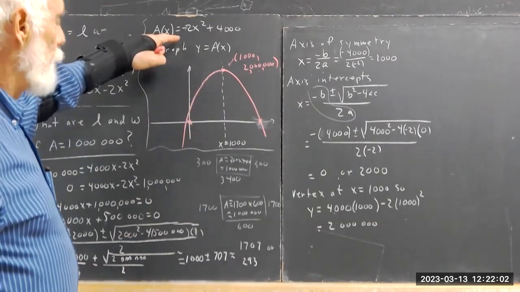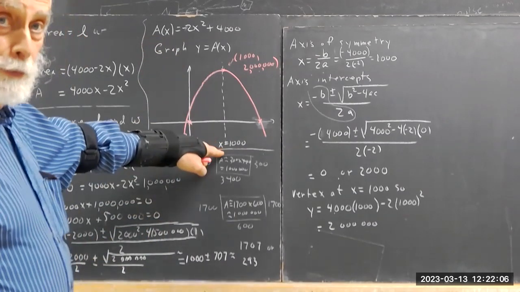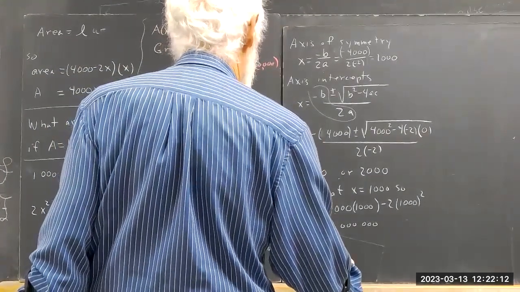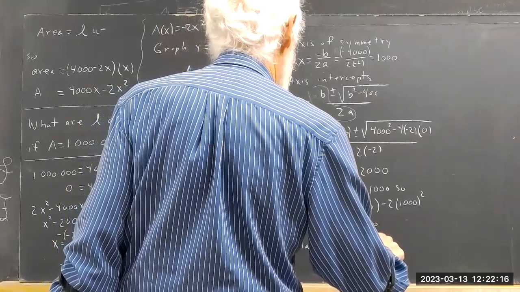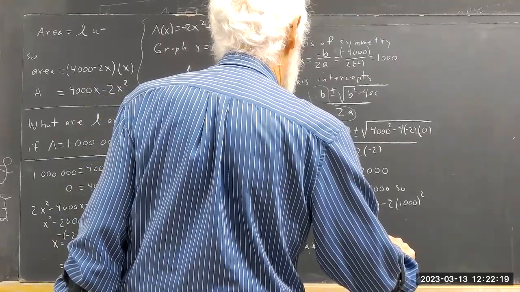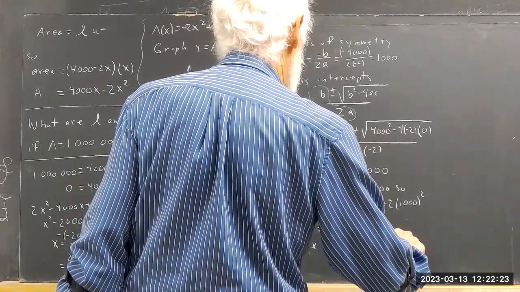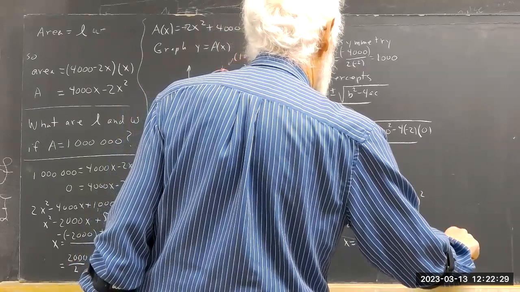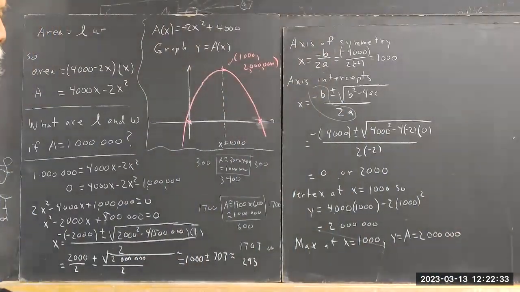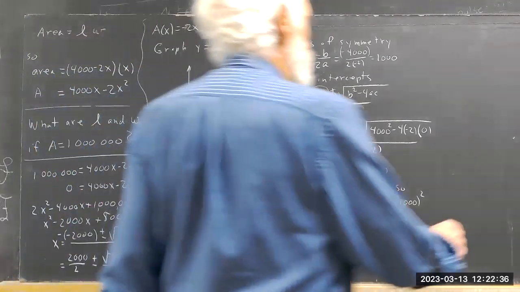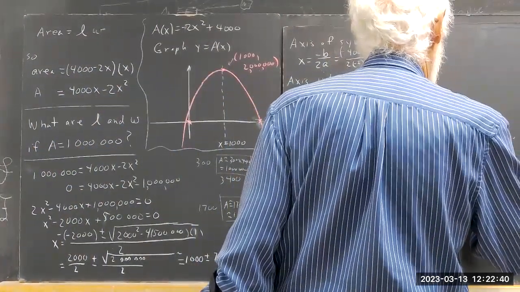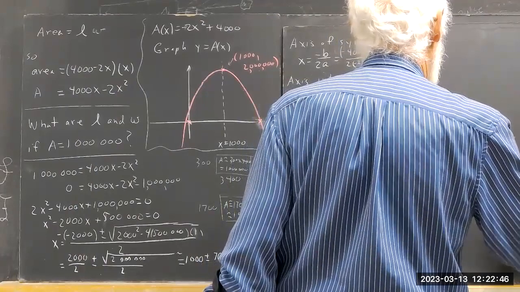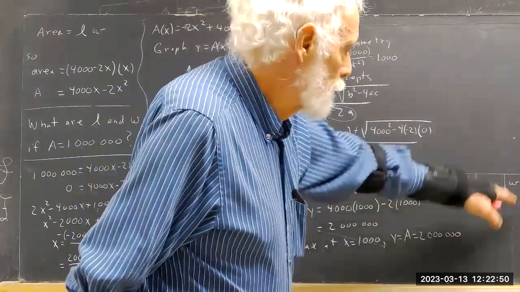Our conclusion is that the maximum of this occurs when x equals 1,000 and y equals 2 million, which means that our rectangle, going back to our river with the fence, has width here and length here.